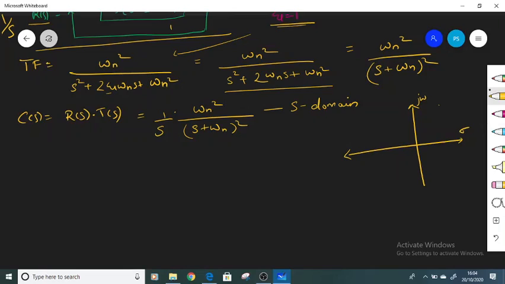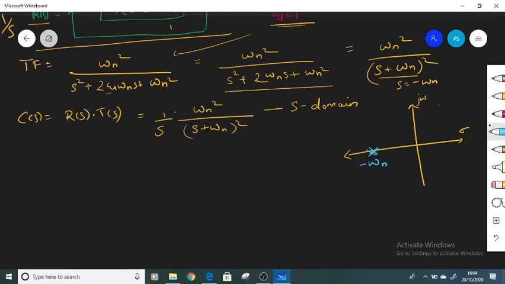From this transfer function we can see that the system is having two poles, and both the poles are lying at minus omega n. So I am going to have double poles, both lying at minus omega n.